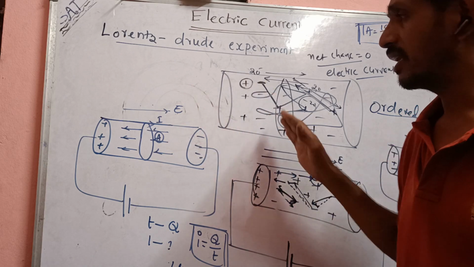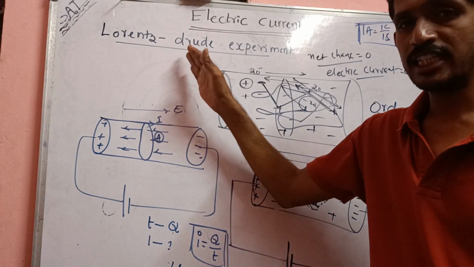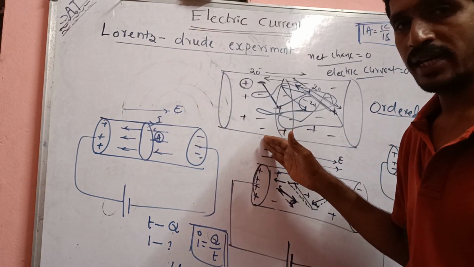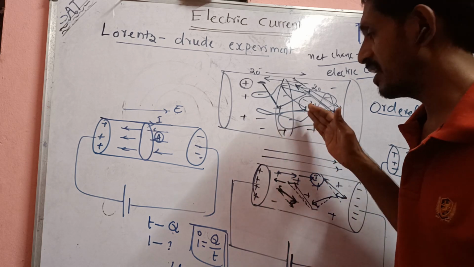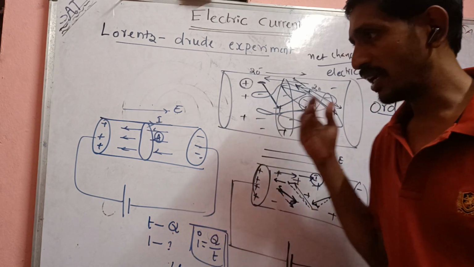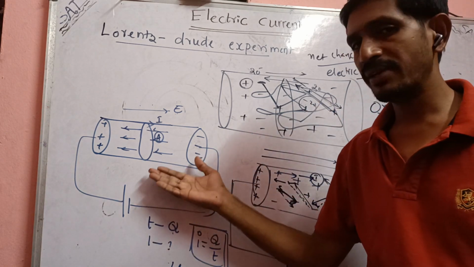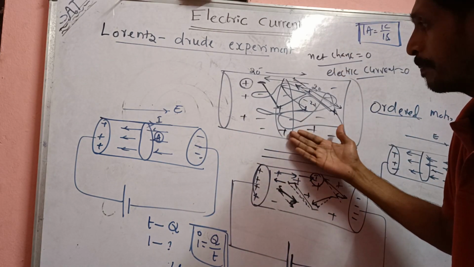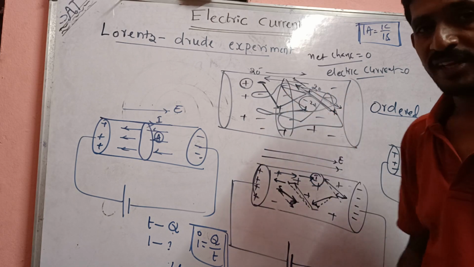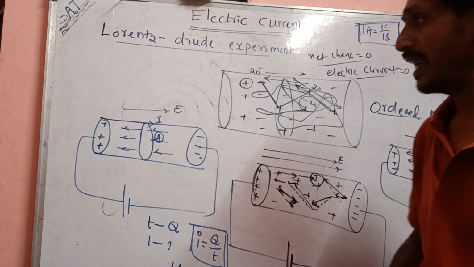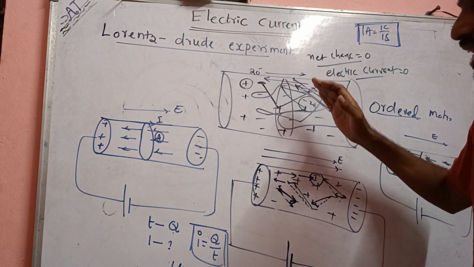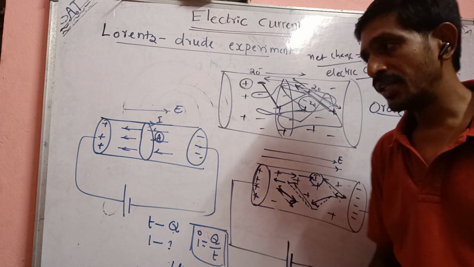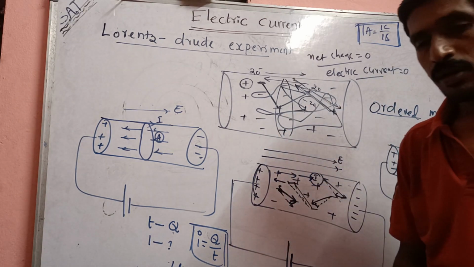Before connecting the battery or cell, the electrons move in random directions. If you calculate the net charge at any cross section, it is zero, so there is no current in the conductor.